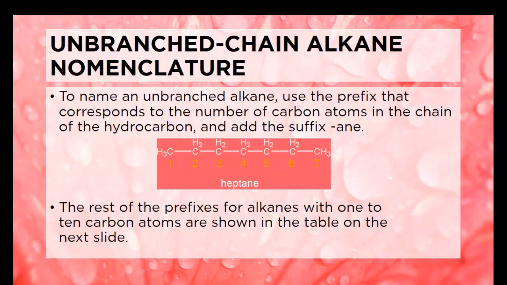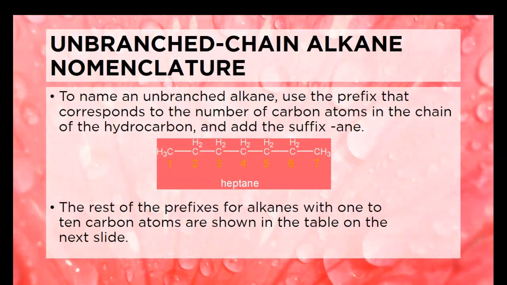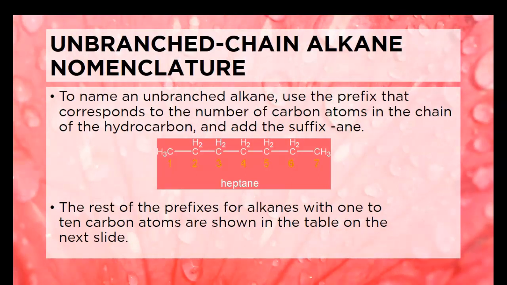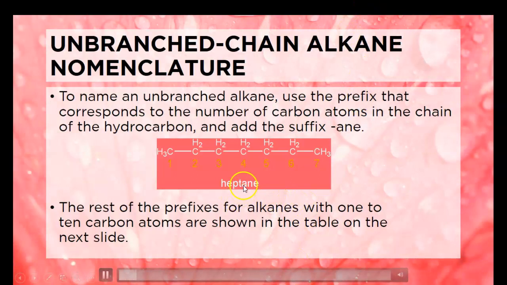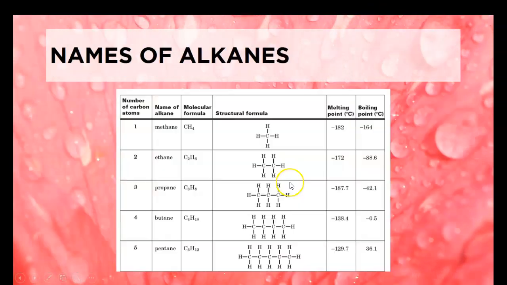Again, the ending carbons have 3 hydrogens around them, and each of the middle carbons is attached to 2 hydrogens. So heptane's formula would be C7H16. What we do is we just take that prefix and add -ane to the end, so heptane.